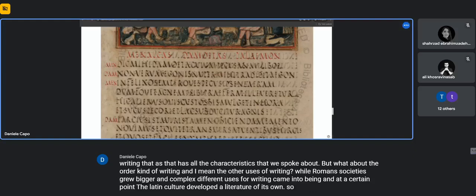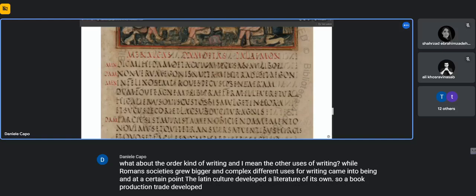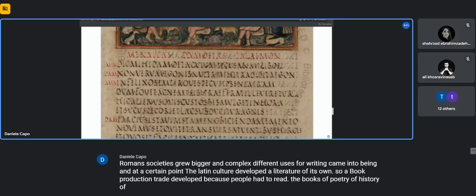So a book production trade developed, because people had to read books of poetry, of history, of literature in general, or technical books.